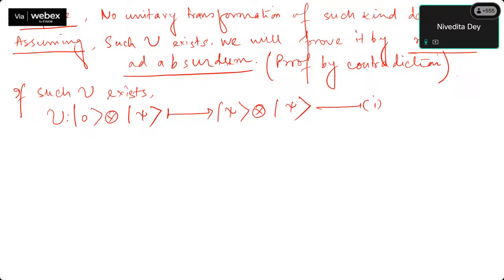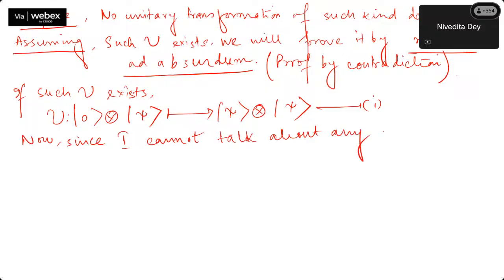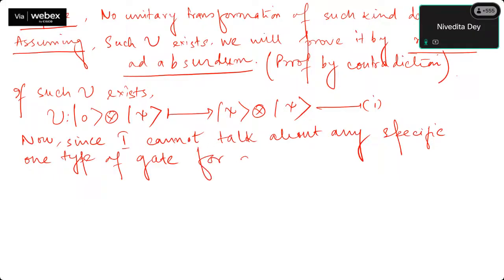Let me call this equation number 1. Now, since I cannot talk about any one specific type of gate, there is no such gate, this is an operator, which can be a sequence of gates. So there is no one type of gate specifically for duplicating a quantum state.